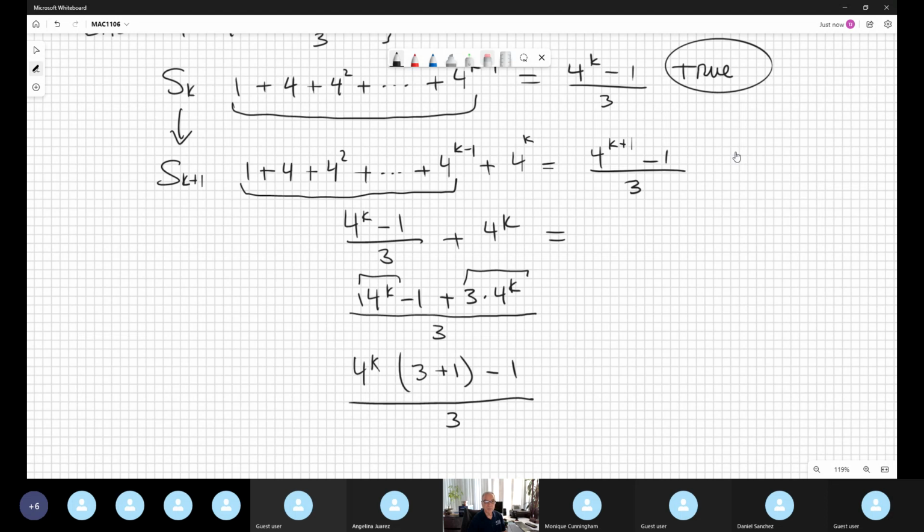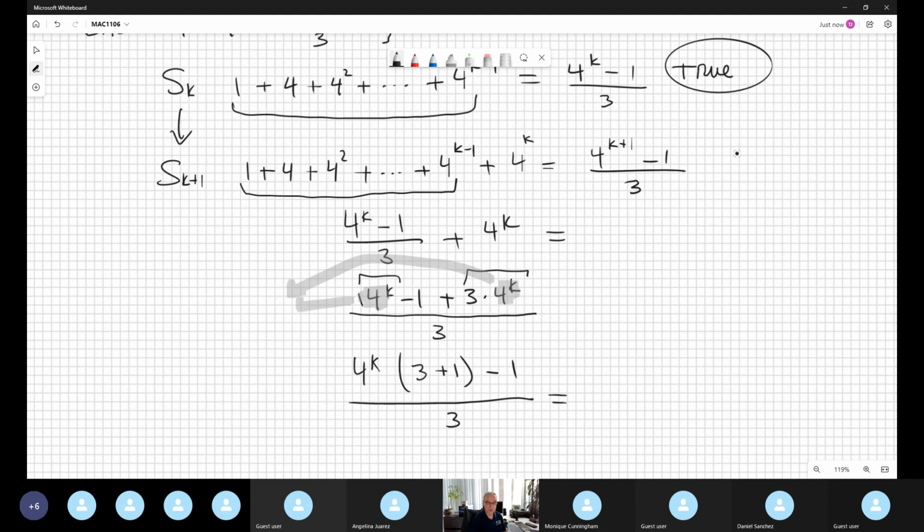So this 4 raised to the k power, this is exponential, I factor out. Put outside. And stay here 1, which is this one, and this is 3.